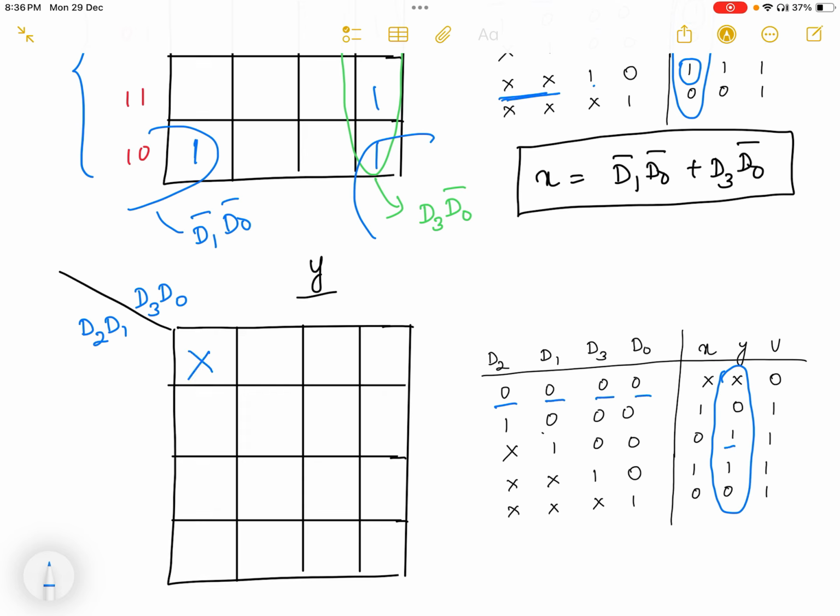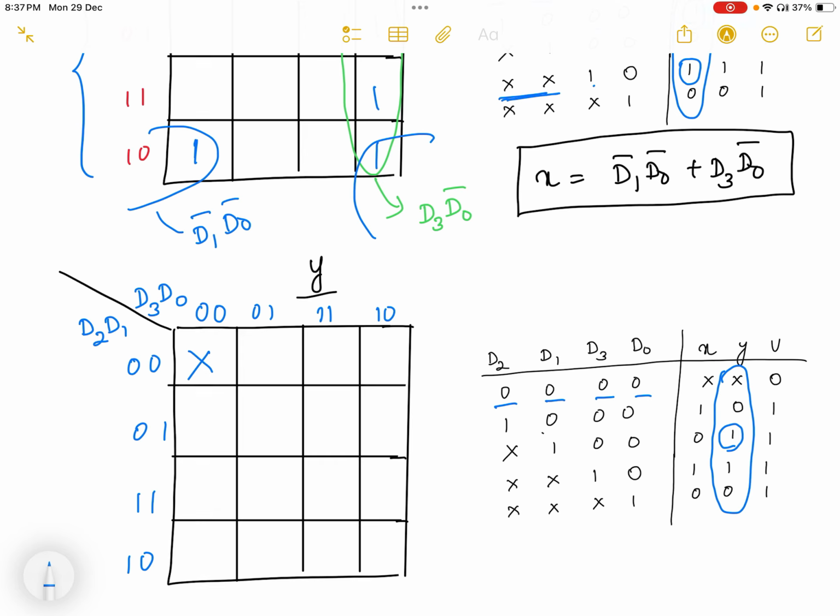Next, I get 1 when D1 equal to 1 and D3, D0 are 0, 0. So let me first write down the K-map labels 0 0, 0 1, 1 1, 1 0. Okay, so I am getting 1 here.